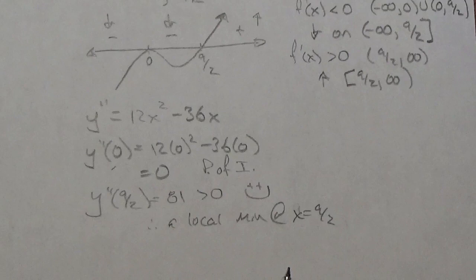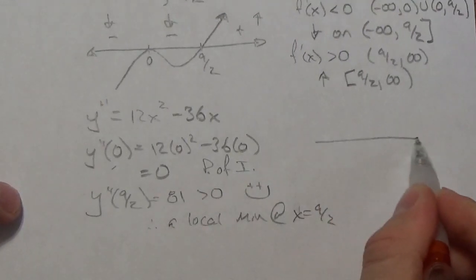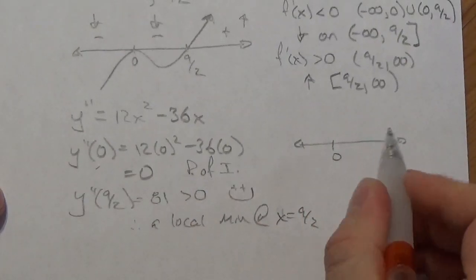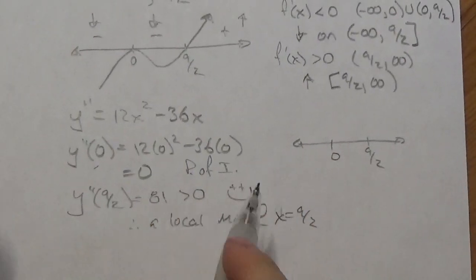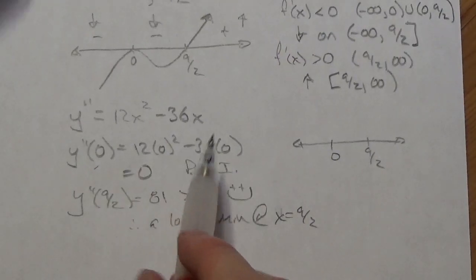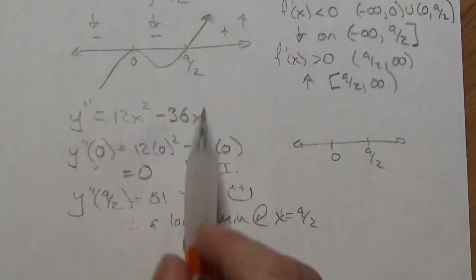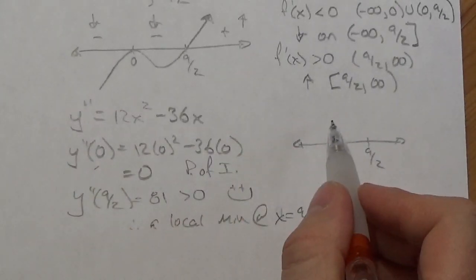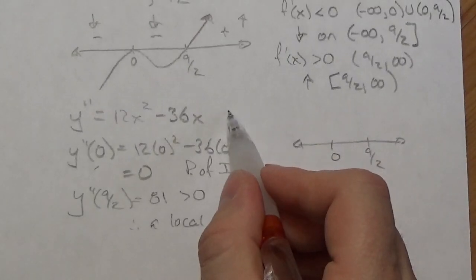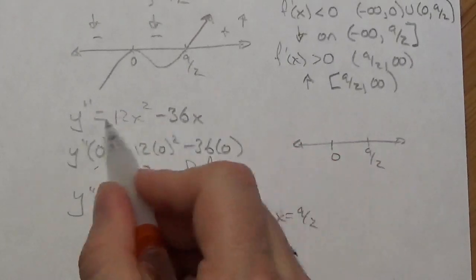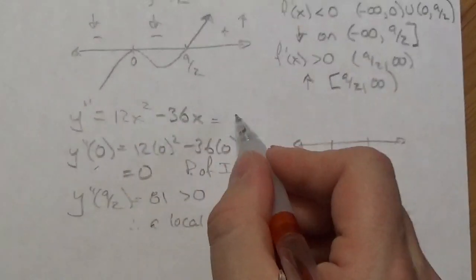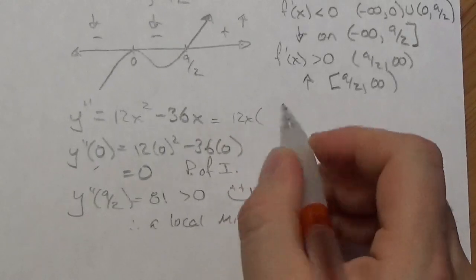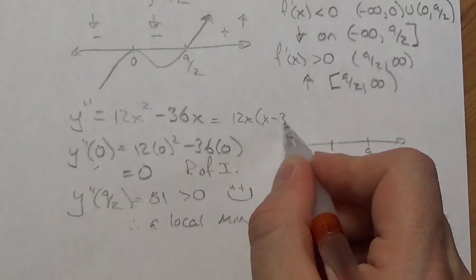Now, let's just go back up a little bit here and investigate what's happening at around 0. So I've got 0 here, 9/2. I just want to take a look at the concavity here. My second derivative is a parabola that opens up. If I factor that, I'm going to get 12x times x minus 3.